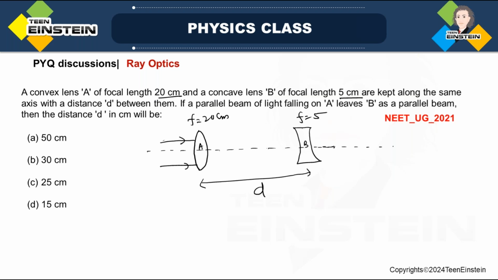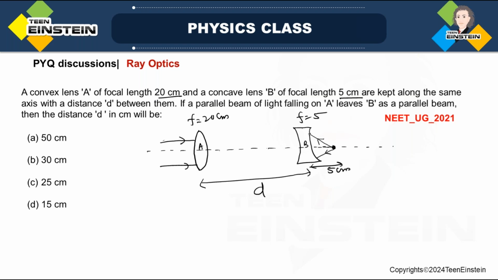So the question says you have a convex lens of focal length 20 centimeter, and then another lens.